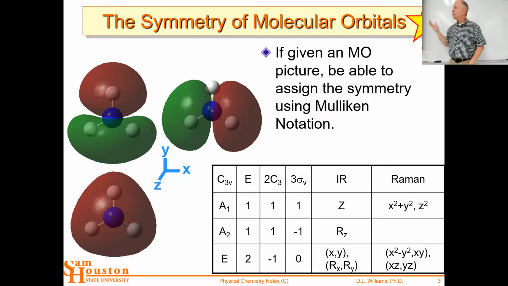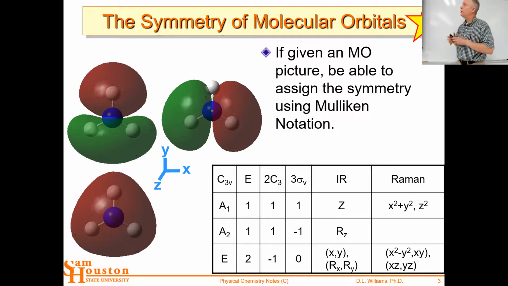Okay, and so let's go through these molecules and orbitals and assign the Mulliken symmetries to them. Let's pick the top left one. You see the coordinate system is written there. Z is coming out of the screen, X is in this direction, and Y is pointing straight up.